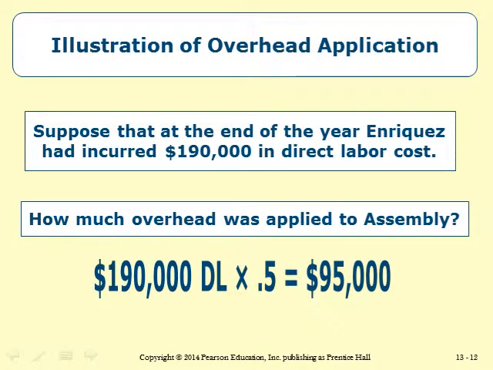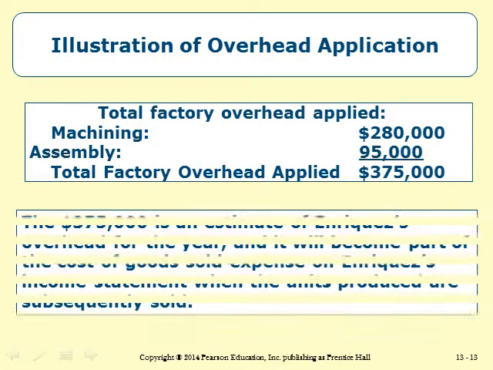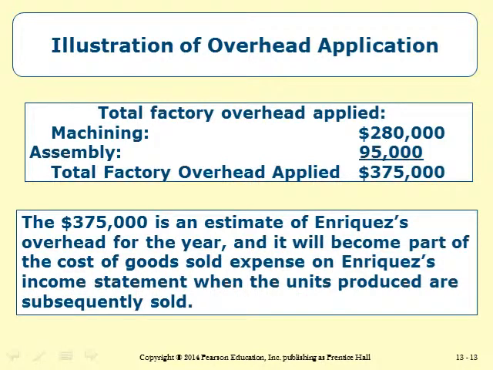This slide shows us that we incurred $190,000 in direct labor cost in assembly, and so based on $190,000 of direct labor cost times 50% assembly manufacturing overhead, which was our budgeted rate, we have $95,000 of assembly overhead. We get to the sum of that as machining $280,000, assembly $95,000, and total factory overhead applied of $375,000.